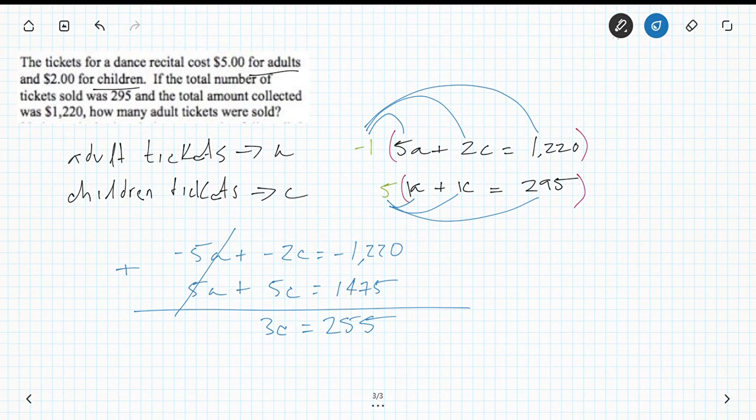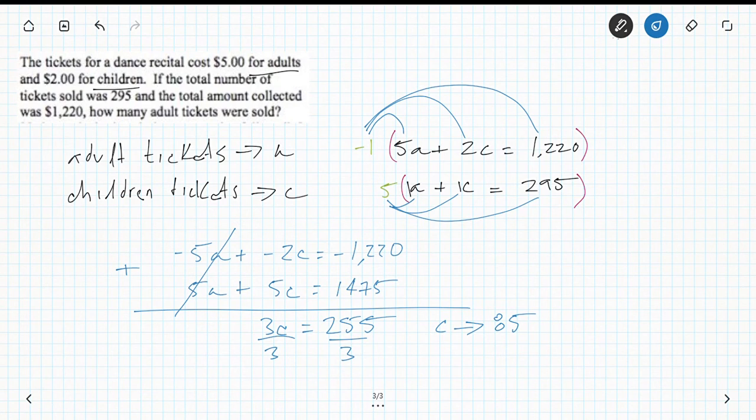Okay, next I have 3c equals 255, so I divide both sides by 3. Then I should have the number of tickets for children, so I divide my answer by 3. Okay, so I have 85 children, but I still have not answered the question of how many adult tickets were sold.